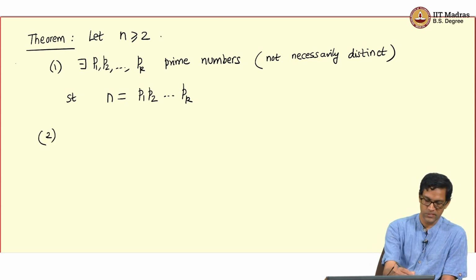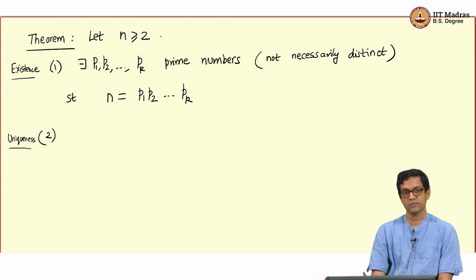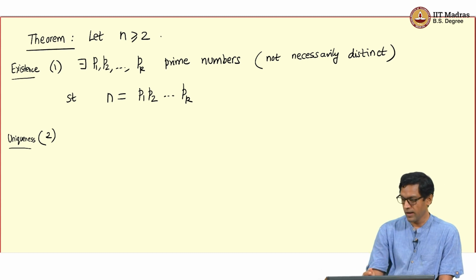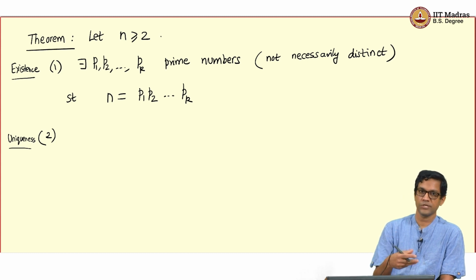So this is the existence of prime factorization, and there is a uniqueness statement. This is similar to, for example, the division algorithm, where we said if you have a number a, you can find a quotient and a remainder when you divide it by a number b, but the quotient and remainder are in fact unique.